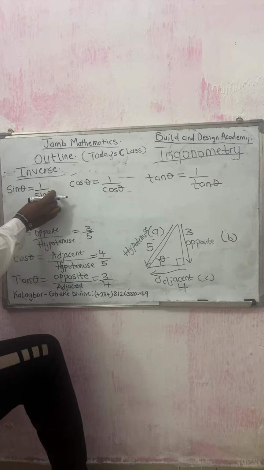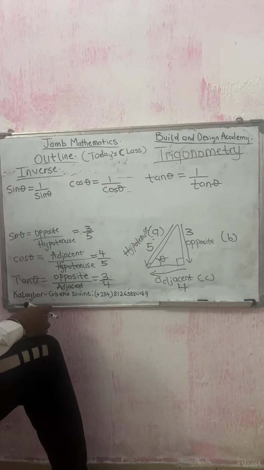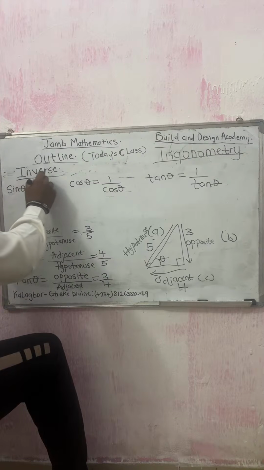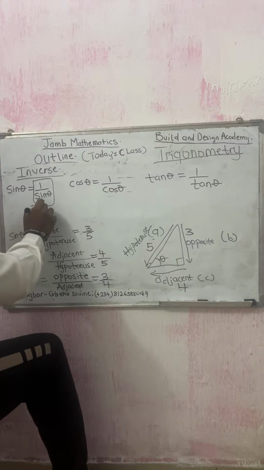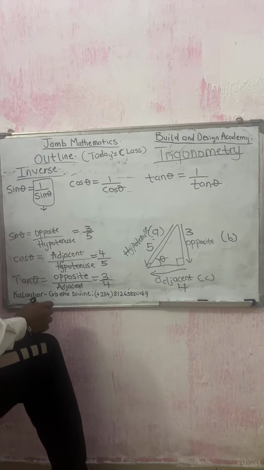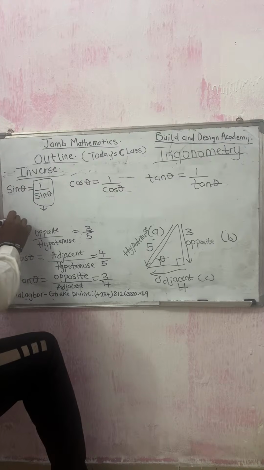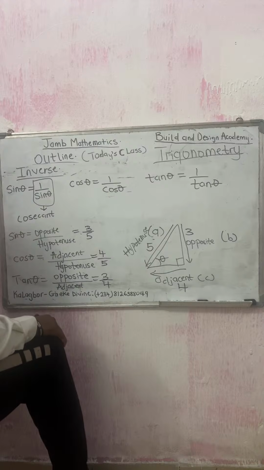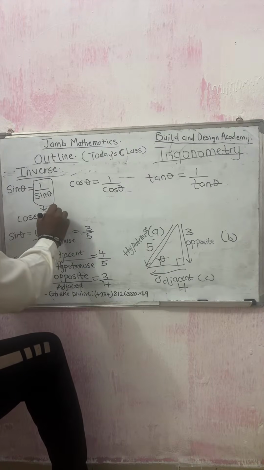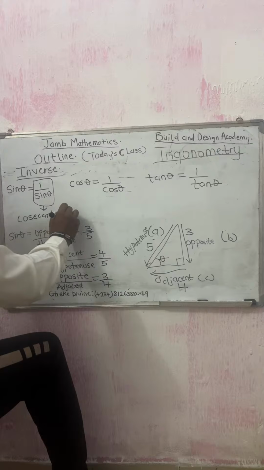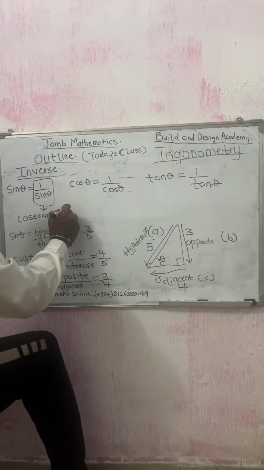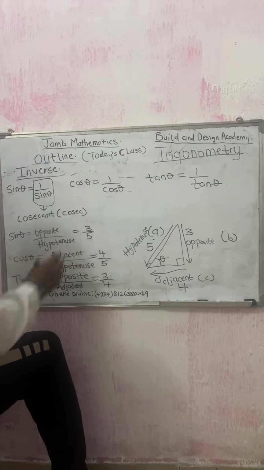But now this 1 over sine theta is known as cosecant. And the short form for cosecant is what? CSC. Or let's just put it as cosec. This is the short form.